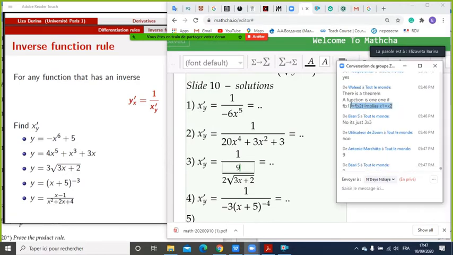Okay, Walid has a good point. There is a theorem to see if a function is a one-to-one mapping. Yes, okay, it's a cool theorem, but how do you use it? Like, for example, if you look just at minus x to the power of 6 plus 5, you have to get some points.